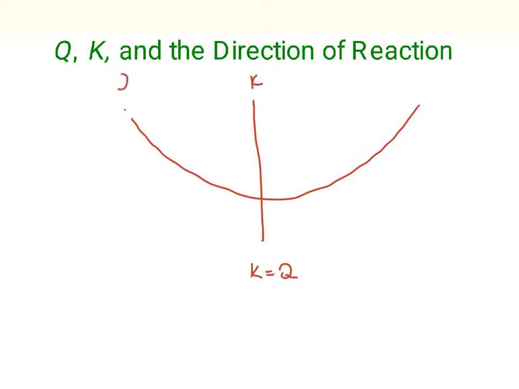The left side is where the quotient is smaller than the equilibrium constant, and the right side is where the quotient is greater than the equilibrium constant. The left side is the side of reactants, and the right side is the side of products.